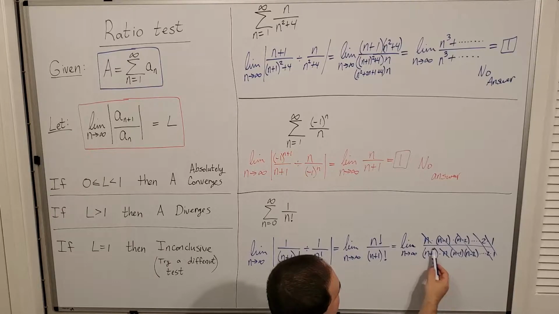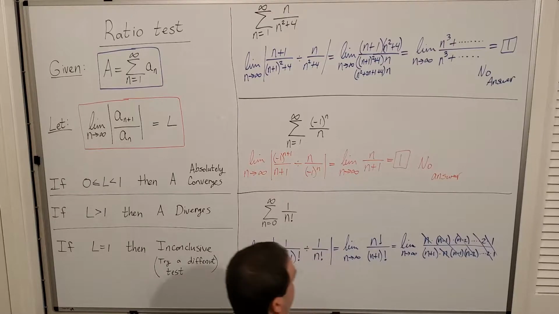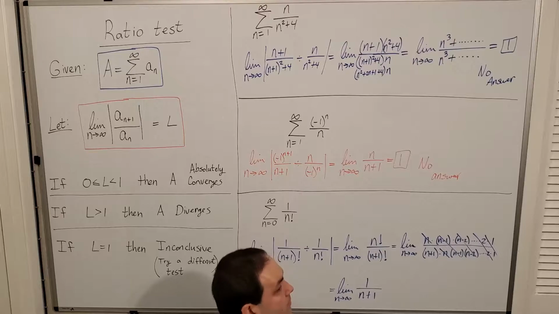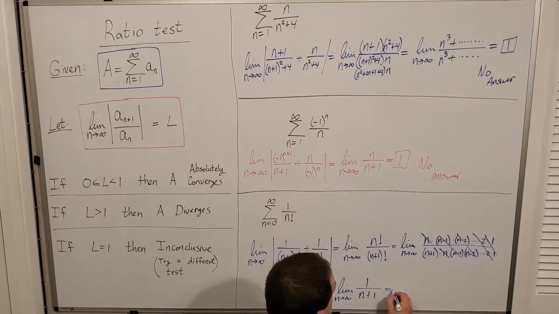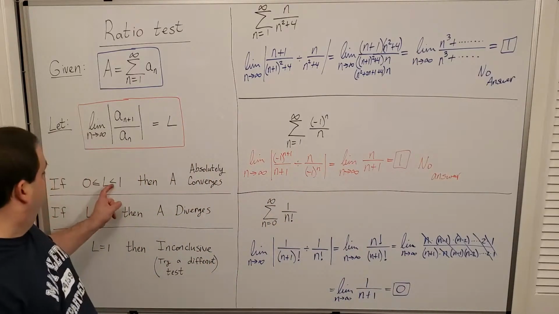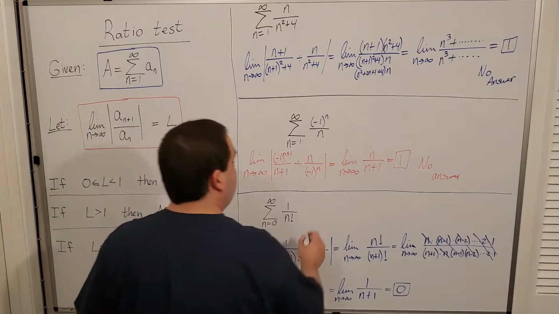And the only thing left is n plus 1 in the denominator. So then my limit as n goes to infinity is of 1 over (n plus 1). And this, as n goes to infinity, makes the denominator extremely large, which makes the limit go to 0. And 0 is less than 1, right here. Therefore, this series converges absolutely.